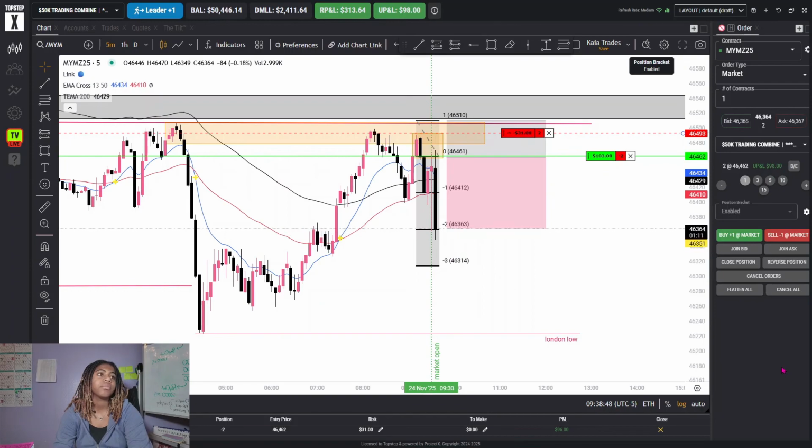I'm not gonna trail it anymore just because, again, I've seen the market just come back. But we just got a nice break of structure there. Potential to add on, but I'm not going to, as I'm satisfied with what I've got. So let's just see what it does for the rest of the day.